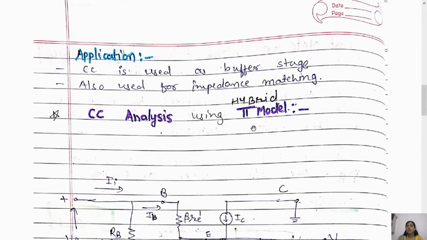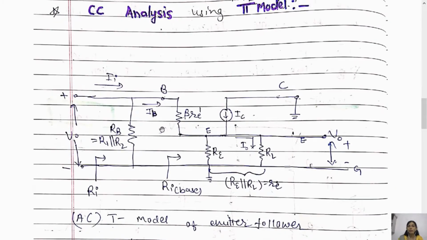CC analysis using the hybrid pi model. So this is the next topic, CC amplifier analysis. You will have to draw the equivalent circuit, pi model or T model. This is the AC model of the emitter follower. It will look like the T model or pi model, right?